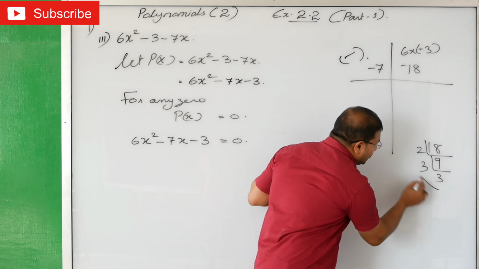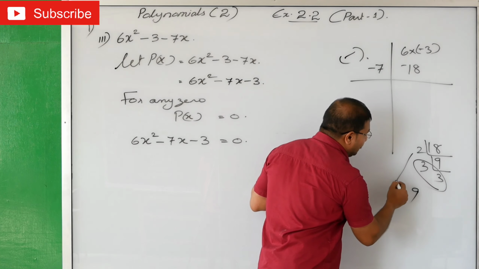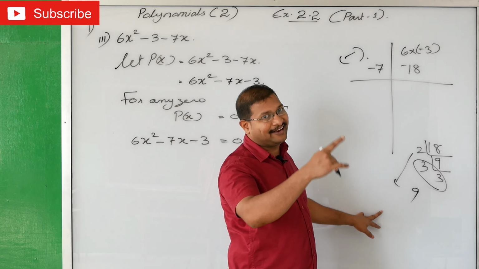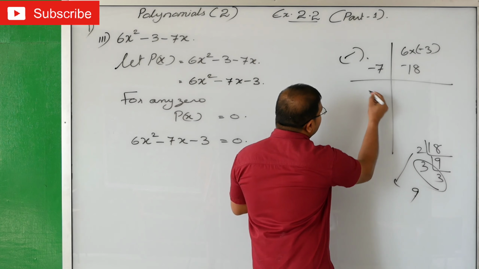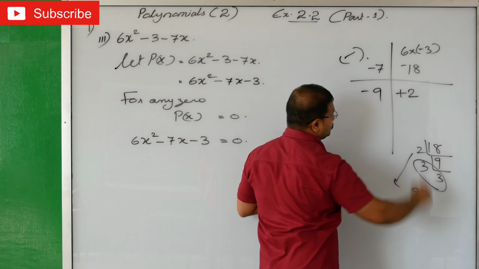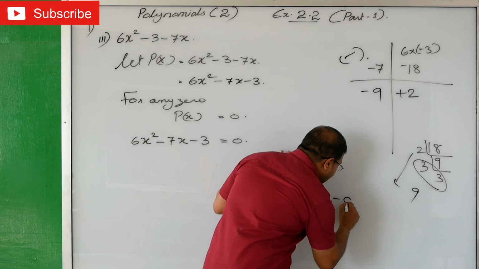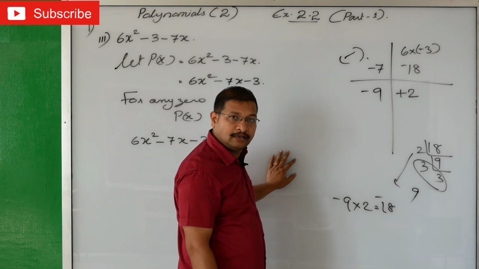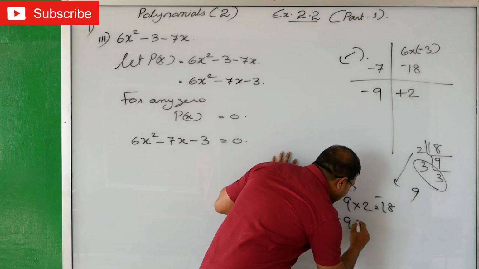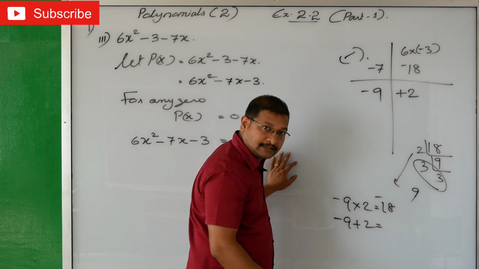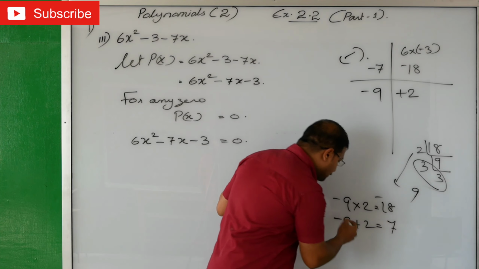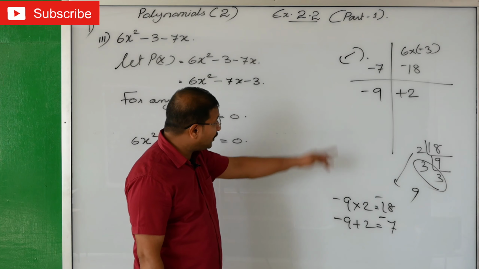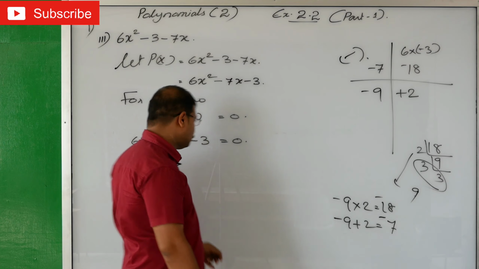See now, 3 3s are 9, 9 2s are 18, 9 minus 2 is 7, isn't it? That means the numbers are minus 9 and plus 2. Let's check that. Minus 9 into 2, 9 2s are 18, of course minus 18. After that minus 9 plus 2, plus and minus is minus, that means we'll get 7. Of course the bigger number is minus, so the answer is minus 7. So we got it now, minus 9 and 2.